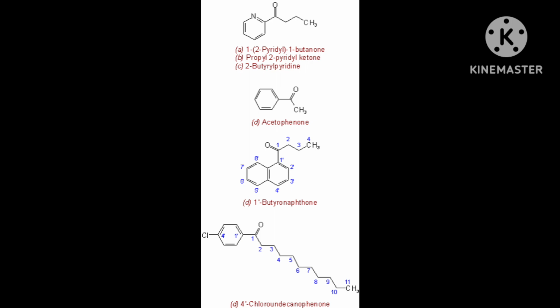At carbon number 3, double bond is there. From the ketonic group side you count, 1st, 2nd, 3rd carbon, double bond is there, and the 4th carbon has a methyl group. Then it will be 4-methylpent-3-en-2-one.